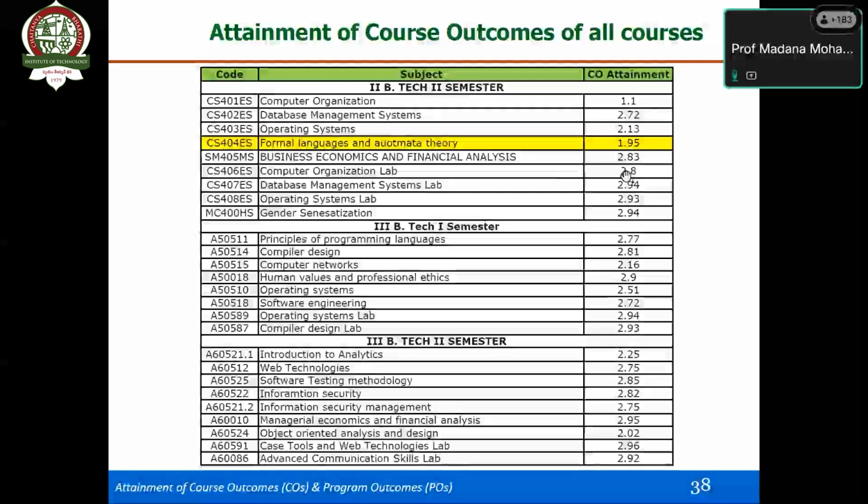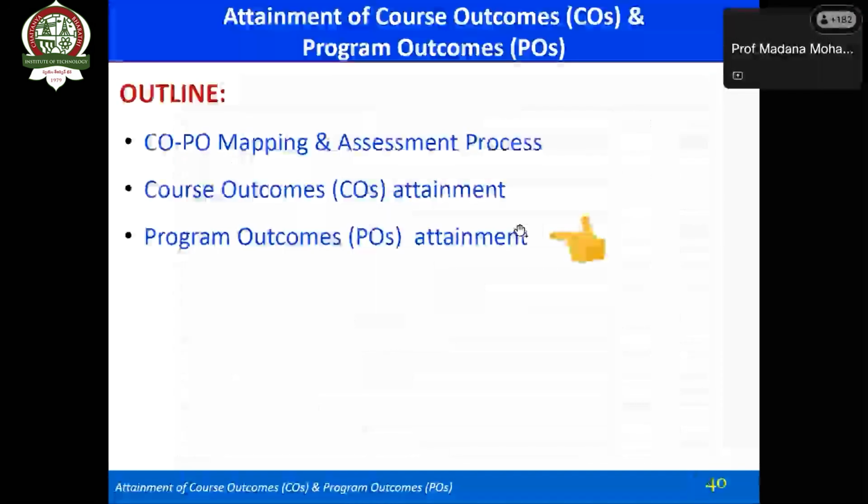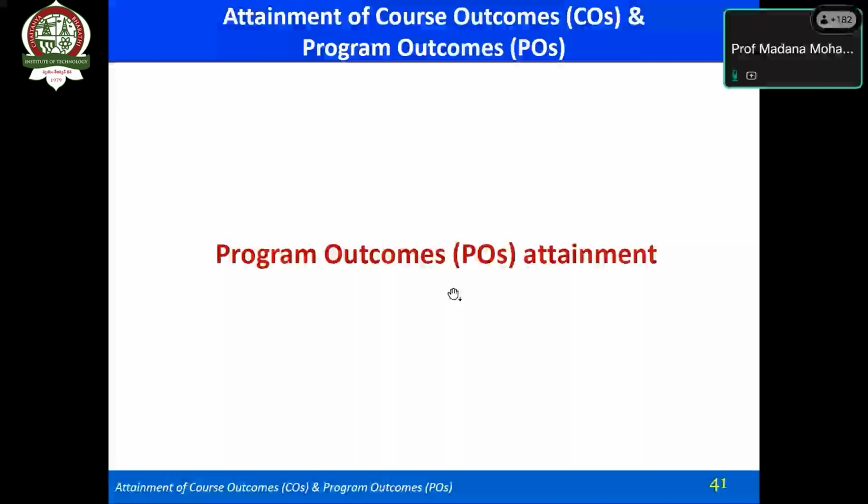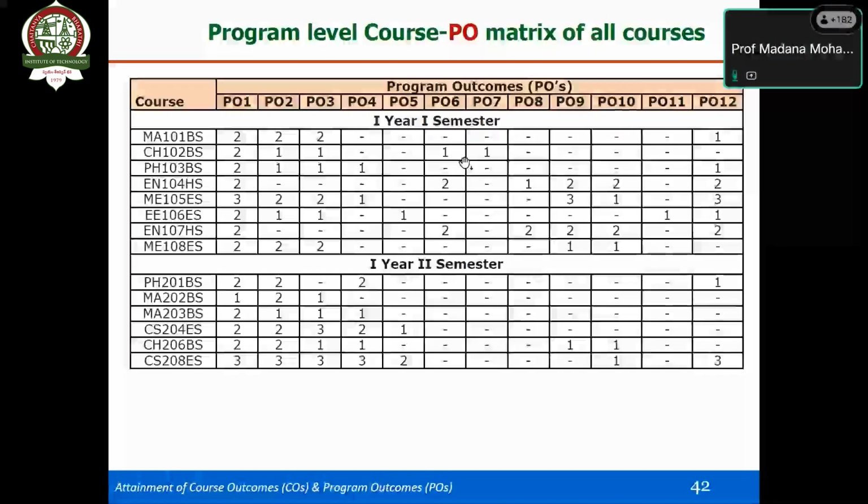With this, now how to do the PO attainment value? Now let us see. The next part is program outcomes attainment. Again, the same assessment pattern needs to be considered for program outcomes attainment also. So here you have to consider first the program level course-wise PO matrix table.